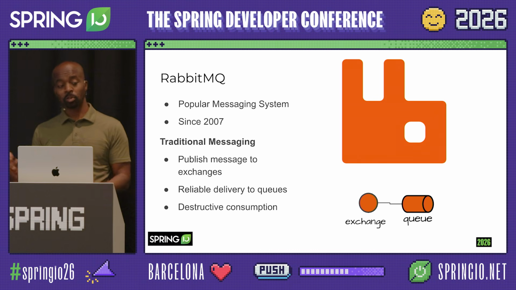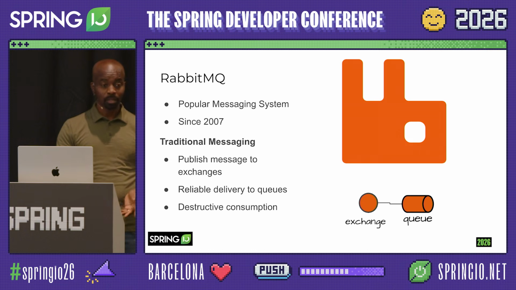Now, queues are sort of like the inbox for the applications. When you send a message to a queue, it's first in, first out. And when the consumer consumes that message, and says, hey, Rabbit, thank you for the message, I've successfully processed it, those messages are removed or destroyed.